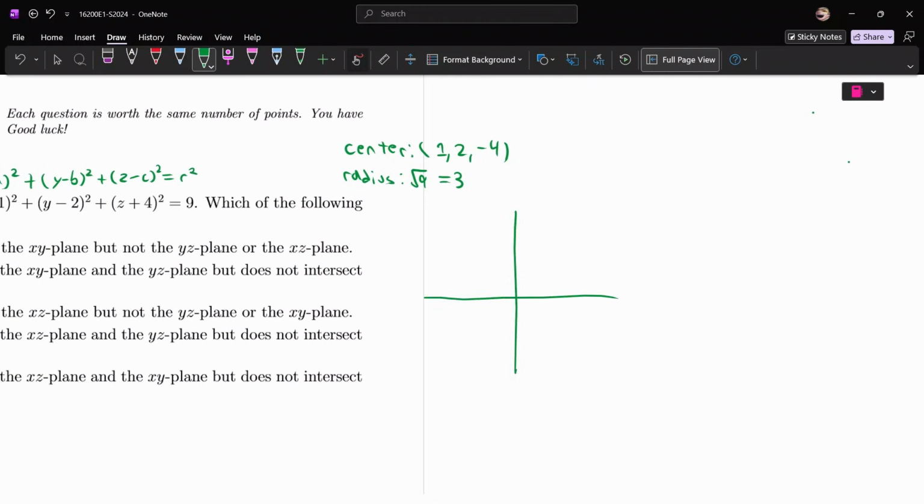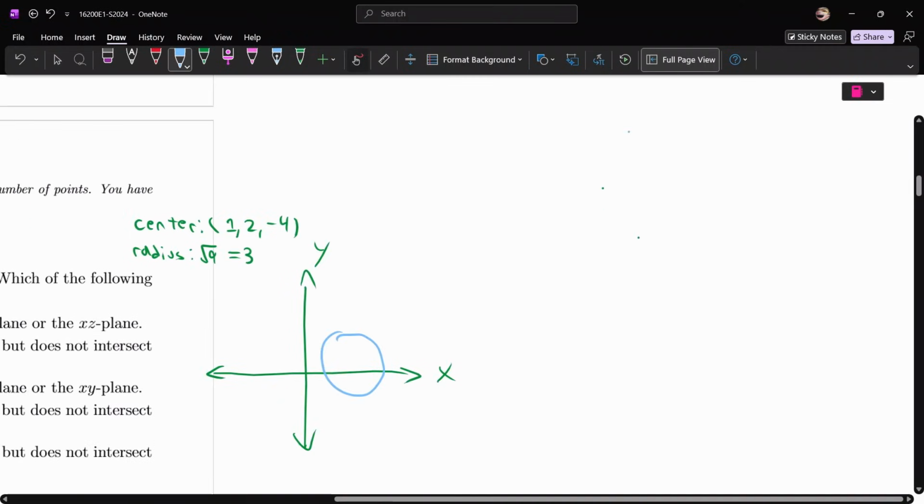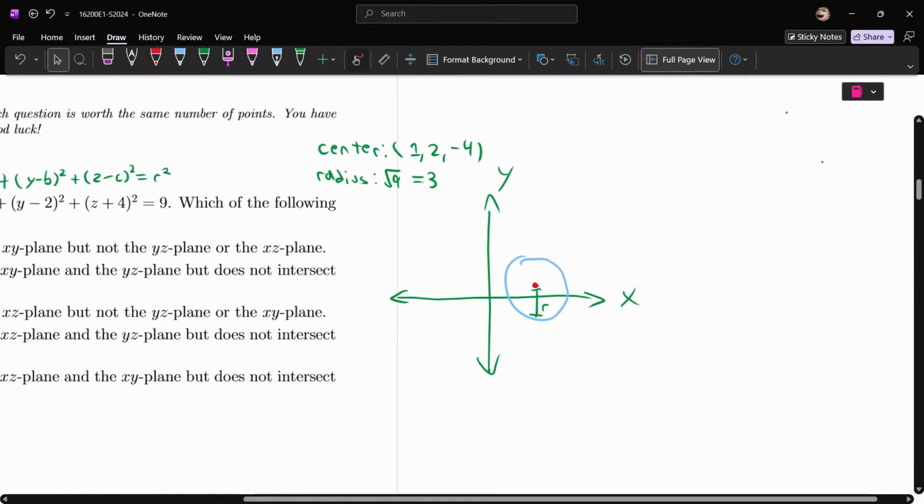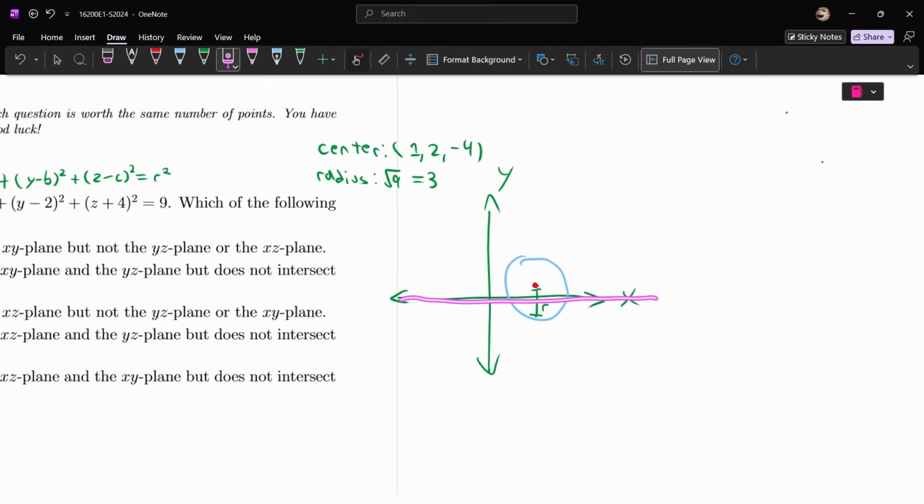So we have a two-dimensional plane here, where this is our x-axis and this is our y-axis, and then let's say we have a circle here, and its center is somewhere around here, and it has a radius of r. Looking at this from a visual inspection, you can pretty obviously see that the x-axis is intersecting the circle, because this line is just going straight through the circle.